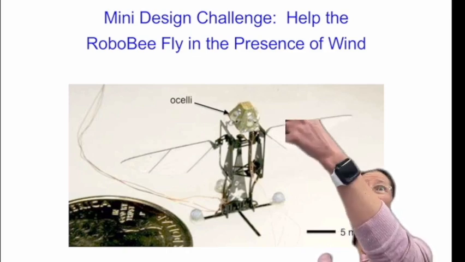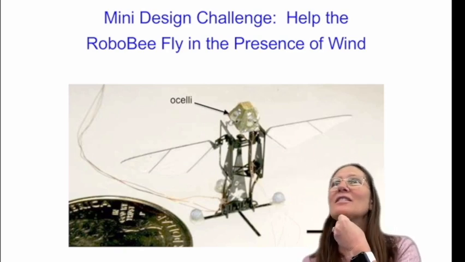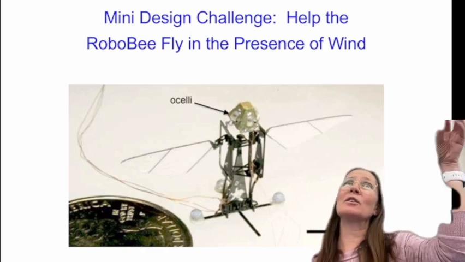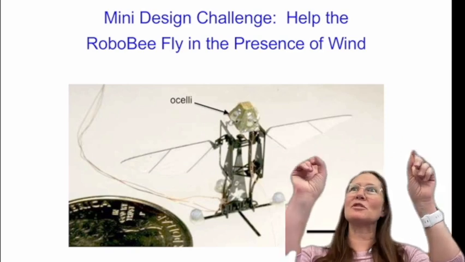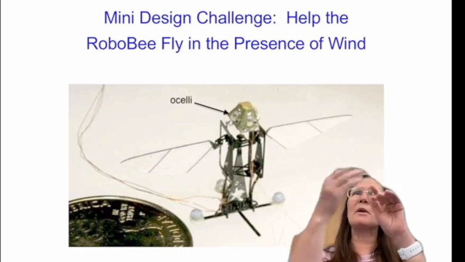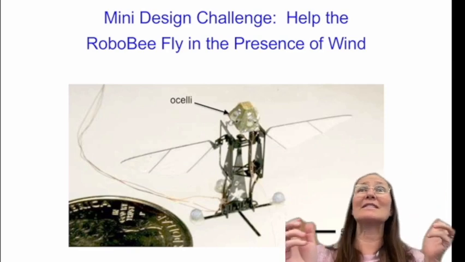Okay, so pressure would be one. Yeah? I would just say nerve endings, kind of. Okay, so on the antenna, the little fibers are actually moved by pressure or wind itself, and so that gives them a different sensation.